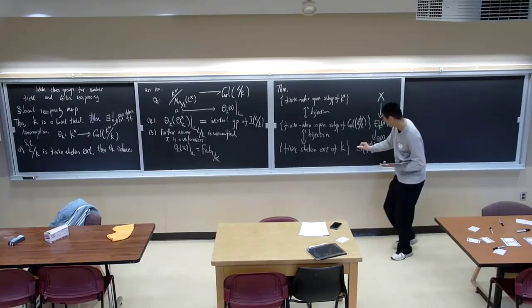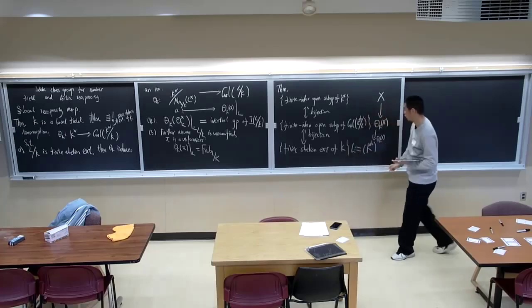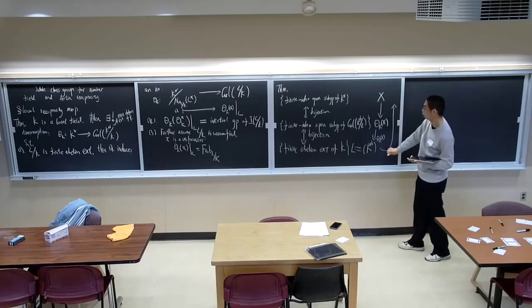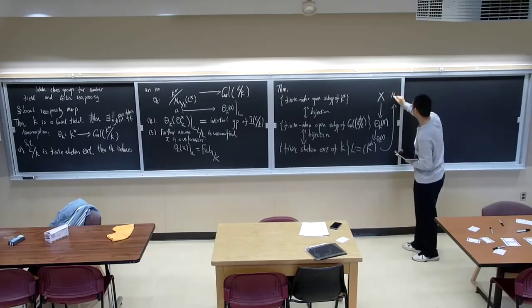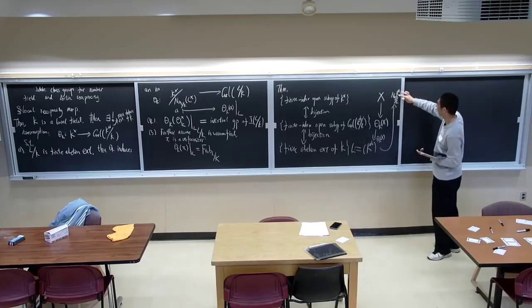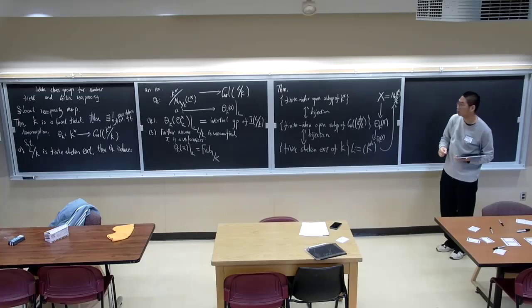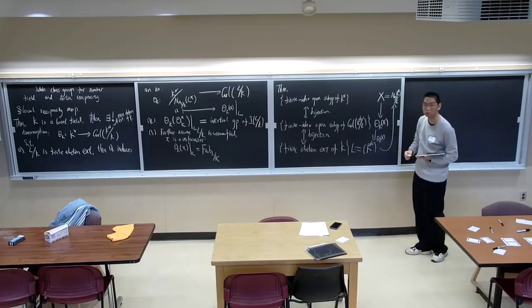Let's call this field L. Then you map it back: you just take the norm of L cross, and this will equal X. Do you take the closure of that?